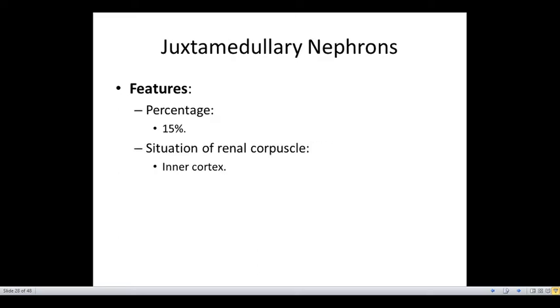The other major type of nephrons are the juxtamedullary nephrons. They are about 15% in number, and the renal corpuscle is situated in the inner cortex.